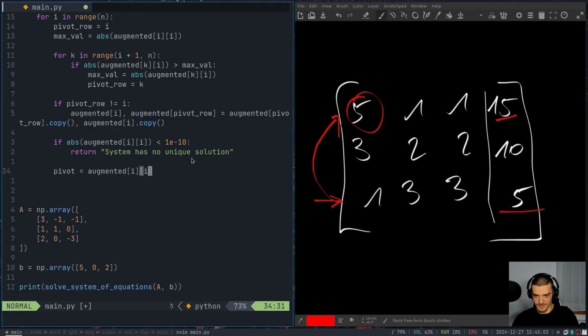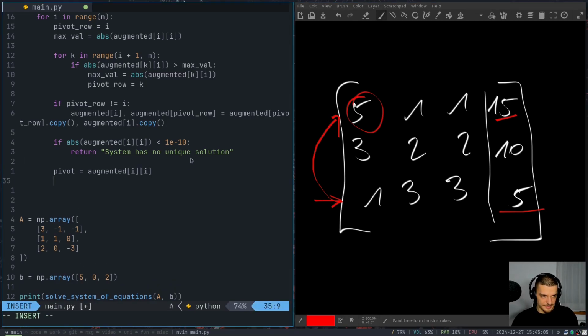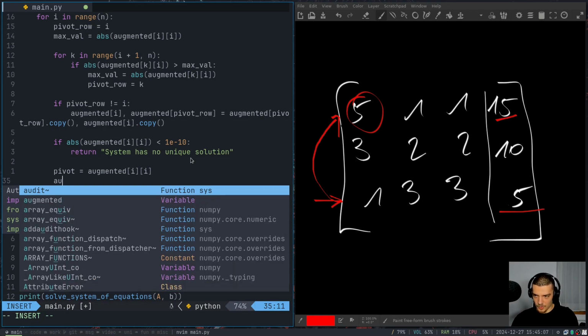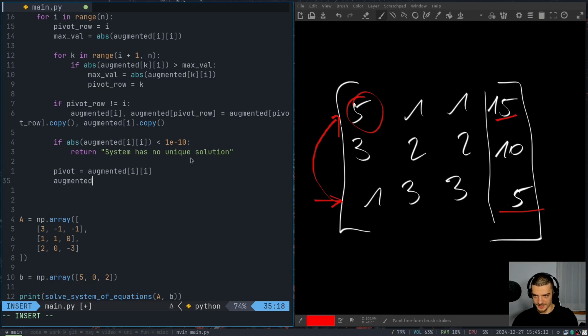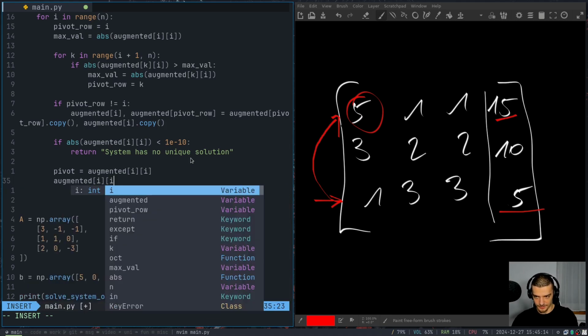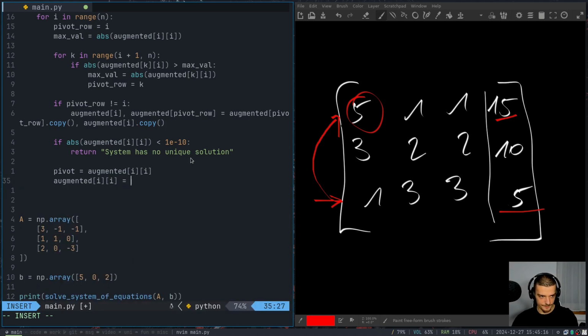So I would say augmented[i][i] is the pivot, and then I want to divide this row by the pivot element. So augmented[i] shall become whatever it was before, or actually the whole row, sorry, not just the pivot element, divided by 5.